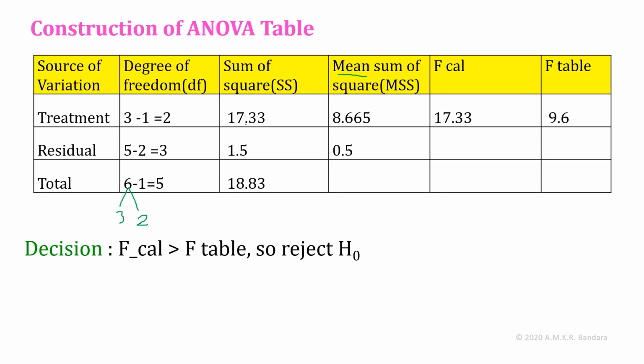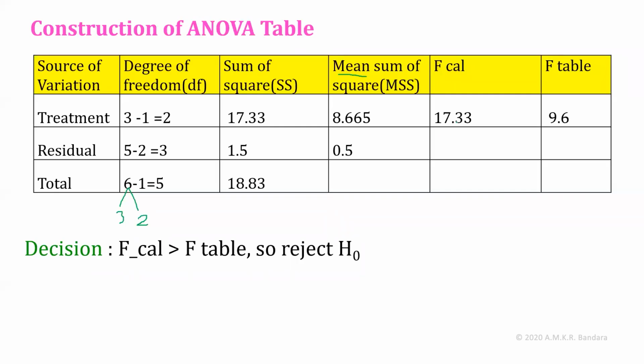So you have to divide 17.33 by 2. You will get 8.66. Then in order to find the residual mean sums of square, you have to divide the residual sums of square by the residual degree of freedom. So 1.5 divided by 3 equals 0.5.